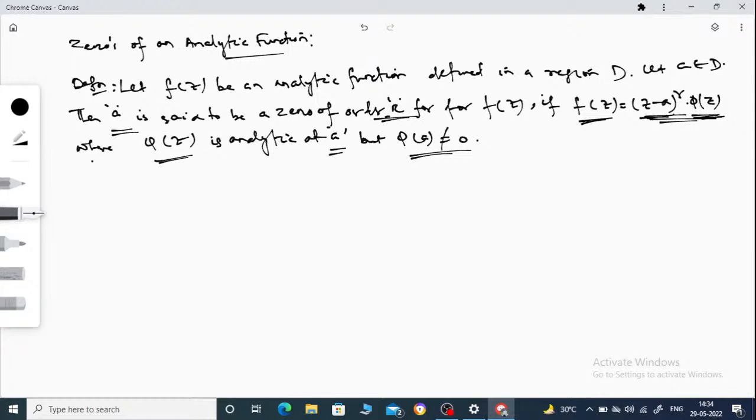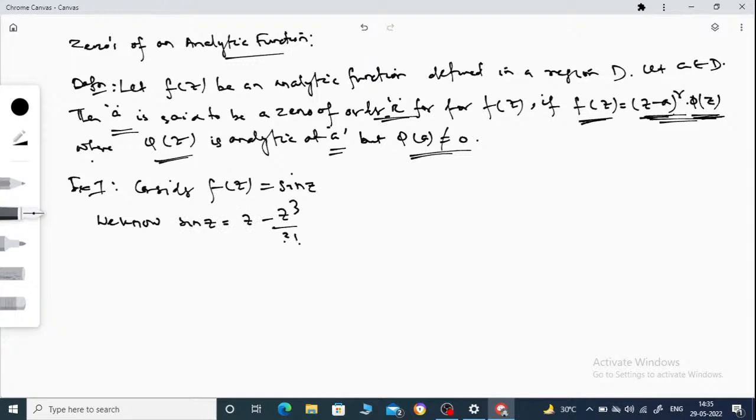Now I'll see one or two problems. Example 1. Consider f of z as sin z. You know the series expansion of sin z: z minus z cube by 3 factorial plus z to the power 5 by 5 factorial minus z to the power 7 by 7 factorial plus and so on.